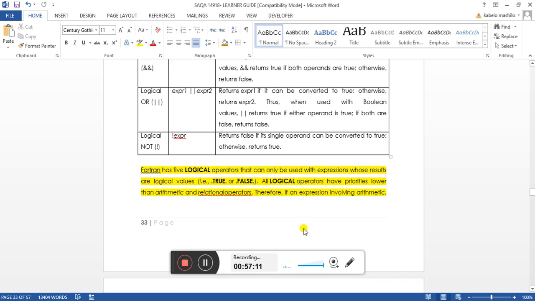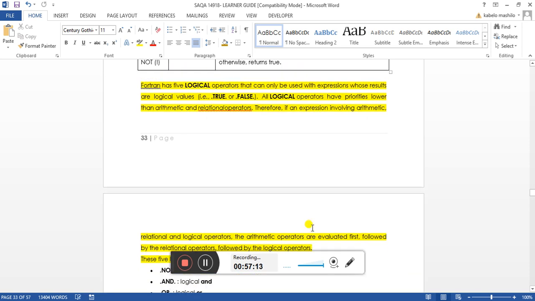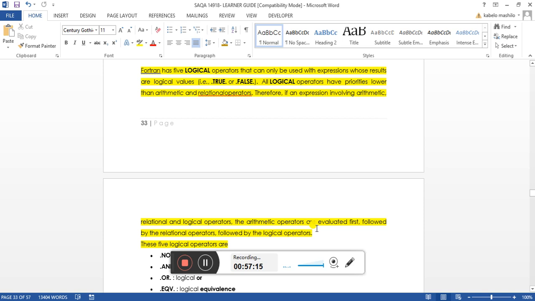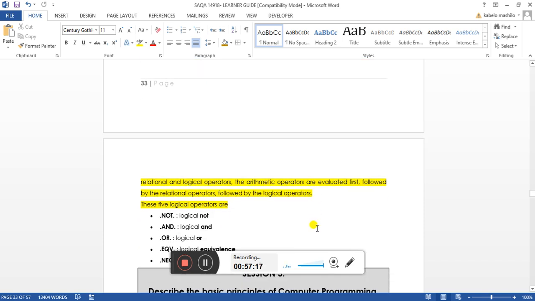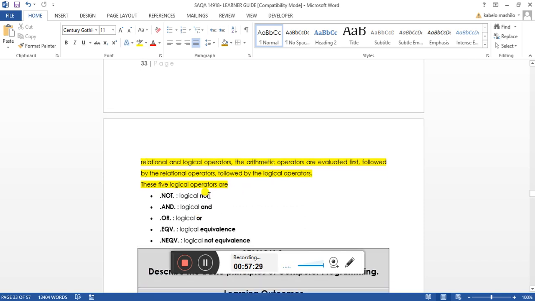Therefore, if an expression involves arithmetic, relational, and logical operators, the arithmetic operators are evaluated first, followed by the relational operators, followed by the logical operators. These 5 logical operators are .NOT., which is logical not, .AND. logical and, .OR. logical or, .EQV., which is equivalence, and .NEQV., which is not equivalent.